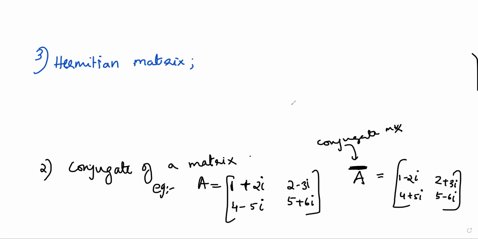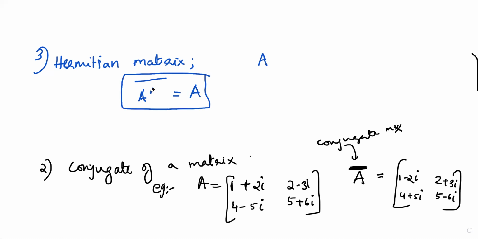Listen, for a Hermitian matrix, suppose I am calling that matrix A. If I take the transpose first, then I take the conjugate of that, and I get the same matrix, such a matrix is known as Hermitian matrix.